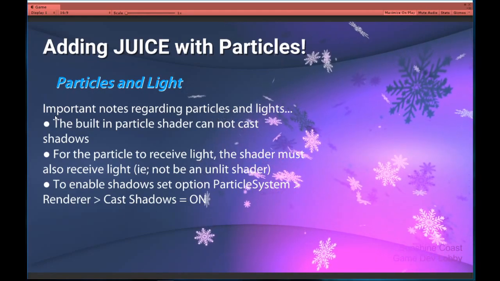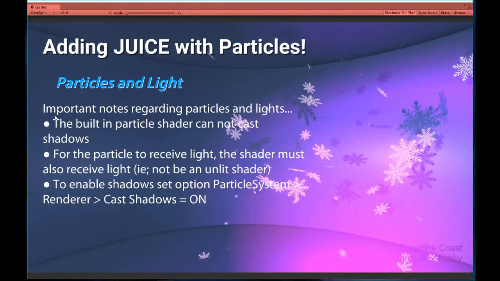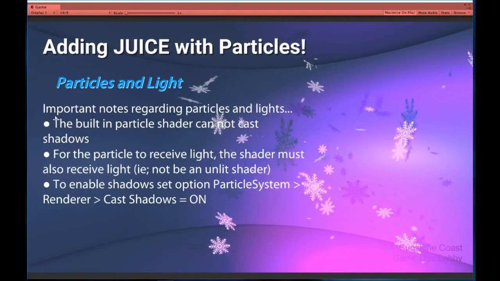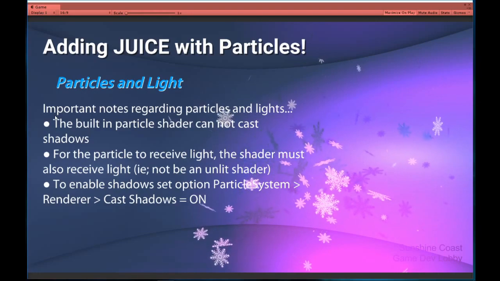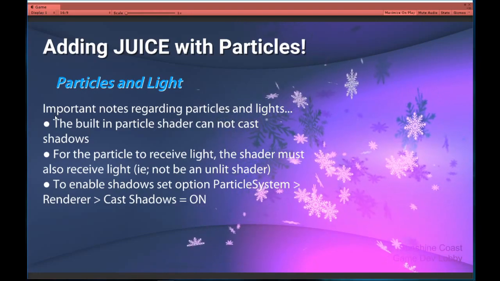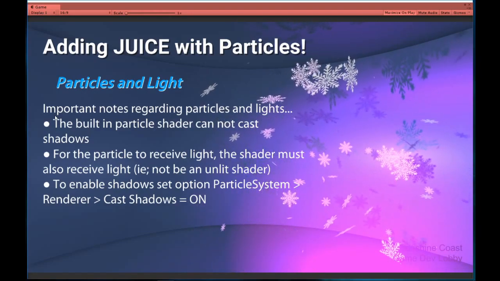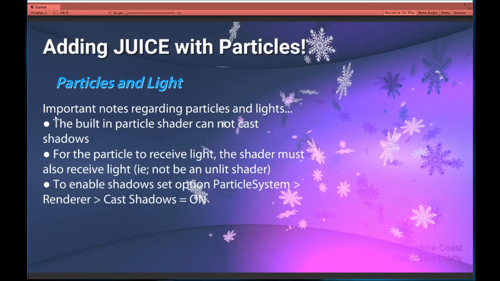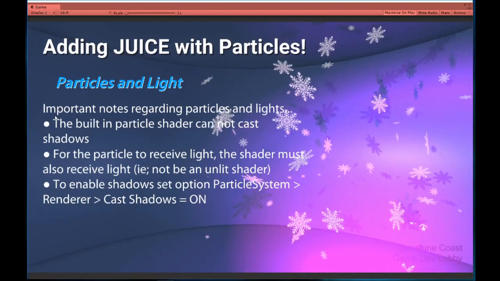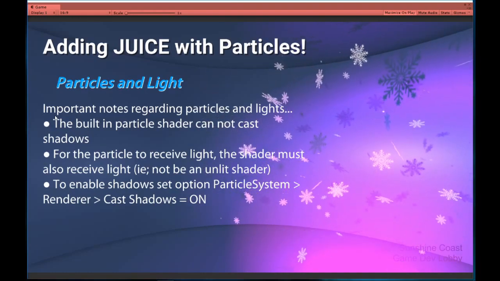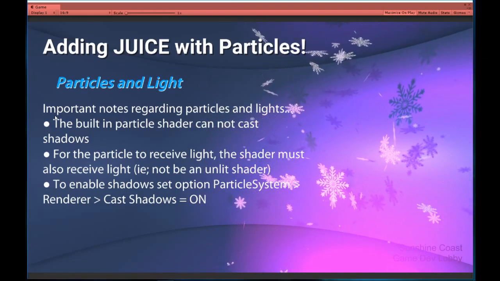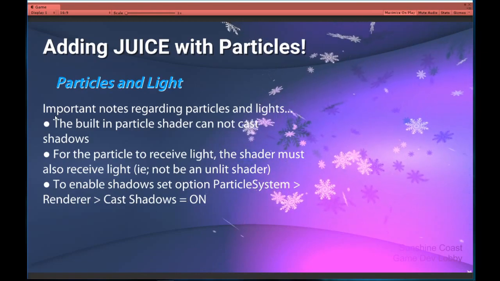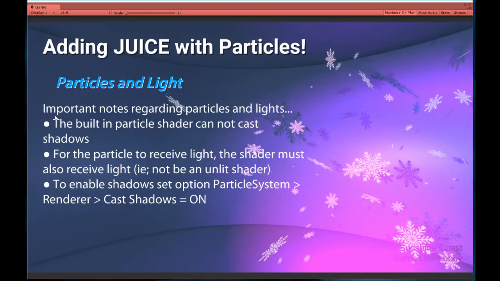However, for your particle to receive light and cast shadows, the shader it uses must also receive light and cast shadows. The standard shader for particles in Unity does not. So you might have this awesome particle system ready to catch some light like this, and you're pulling your hair out, going, oh, why has it not got light, or why is it not casting the shadows? It's because that shader is specifically told not to do that.